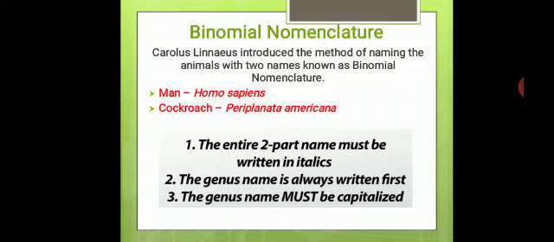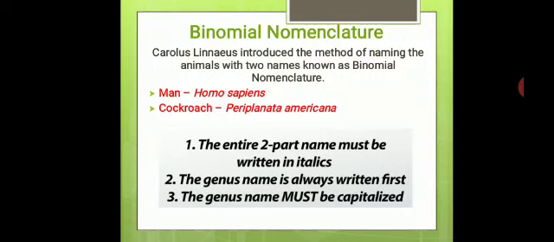He had some rules, that is the first name is called the genus. You can see the example, I have given two examples, man and cockroach. The scientific name of man is Homo sapiens. The first part of the name is called genus. So here Homo is genus, and the first letter of genus is in capital, and the second one is species, and it is always denoted in small letter.